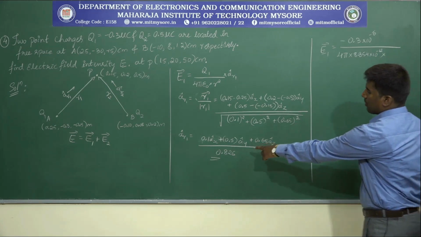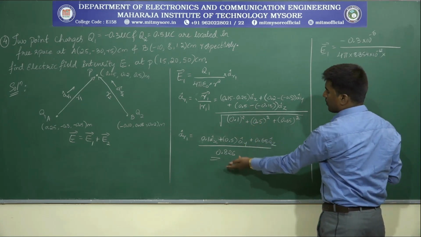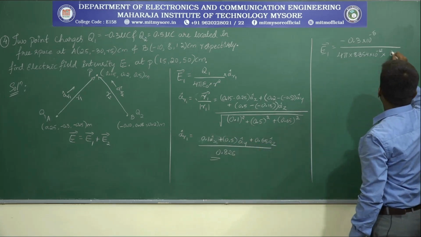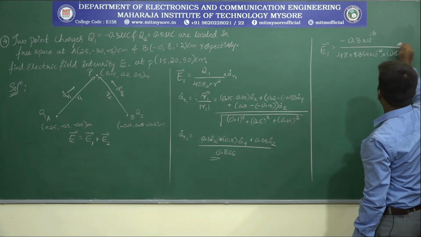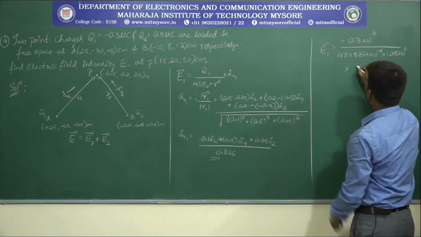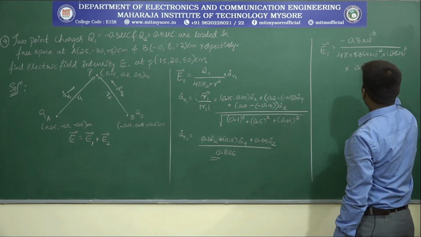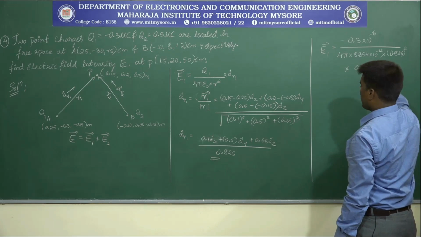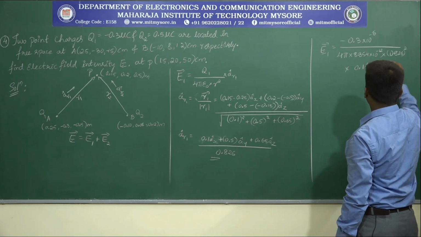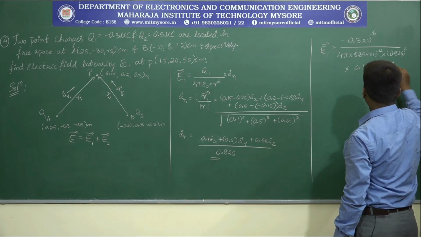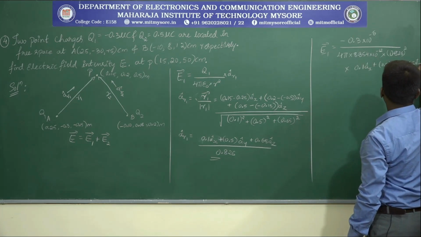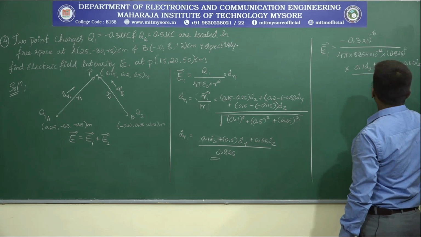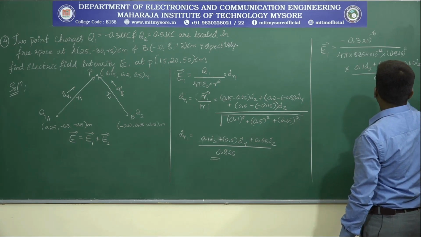R square means the magnitude squared, so 0.826 whole square, into this quantity 0.1 A cap x plus 0.5 A cap y plus 0.65 A cap z whole divided by 0.826.